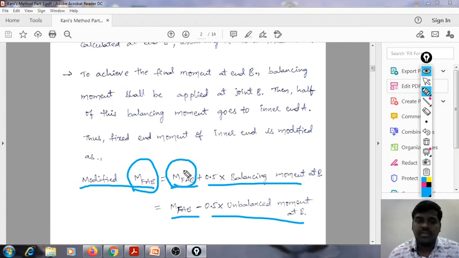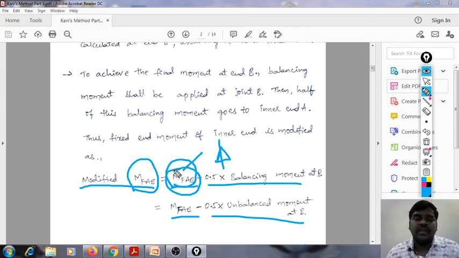What is MFAB? This is the fixed end moment with respect to B. How are we finding it? We are assuming that the roller, hinge or simple support is a fixed beam, and we are finding it, that is MFAB. So this cannot be taken directly, so we are using the modified MFAB formula.